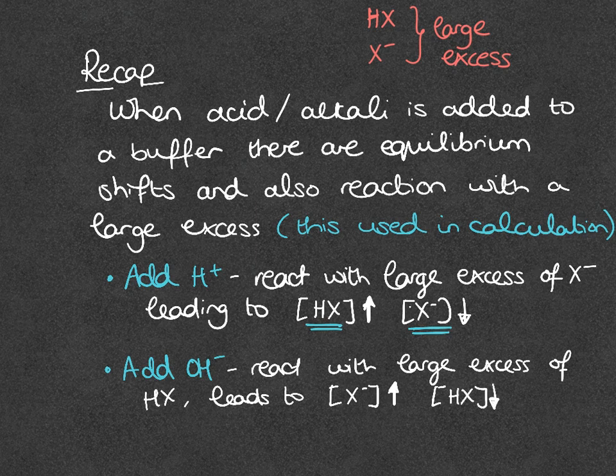So you've got new numbers to put in there as well. Just going to remind you that OH minus will take the H from HX, leaving X minus on its own, just in case that's not obvious to you.